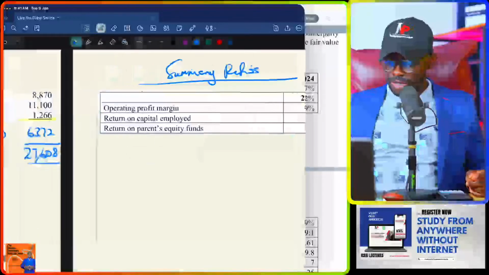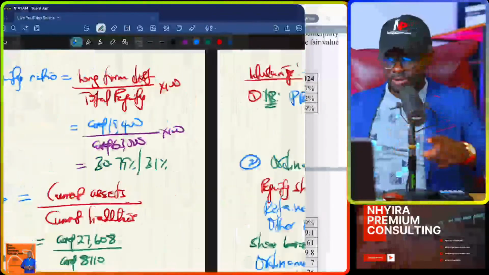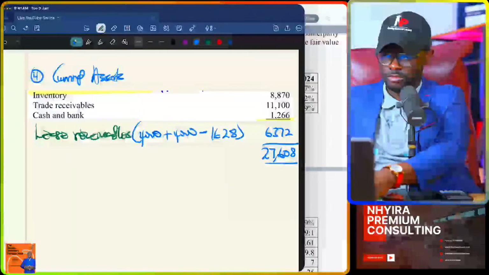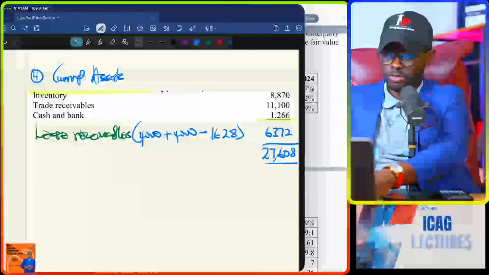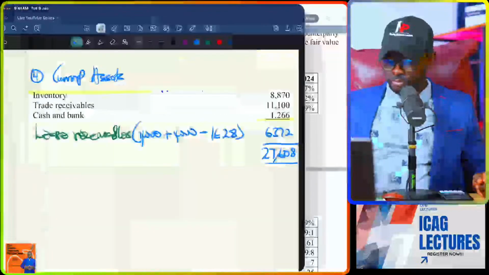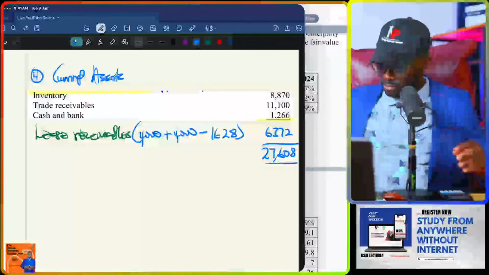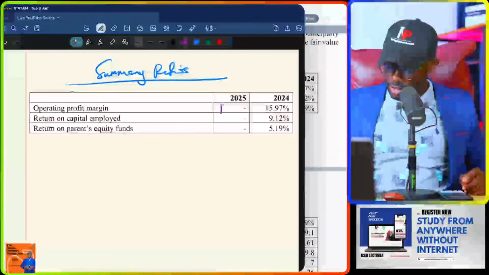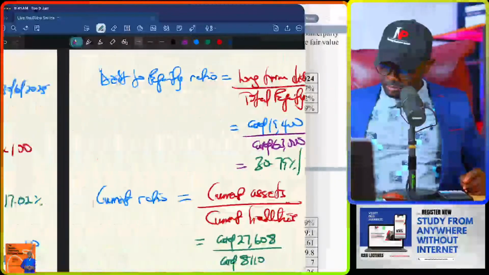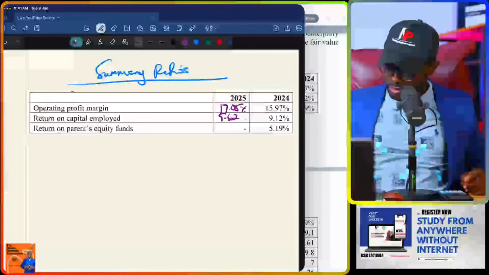So now we have operating profit margin, the first one, which is 17.05. So we bring that up. 17.05%. Then we did return on capital employed, 9.62%.